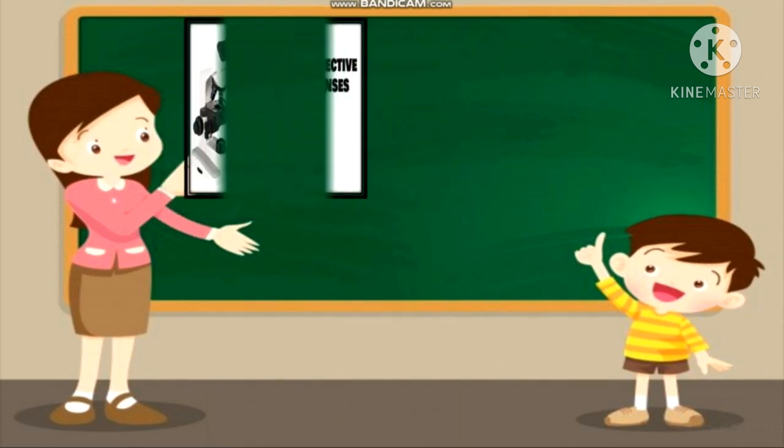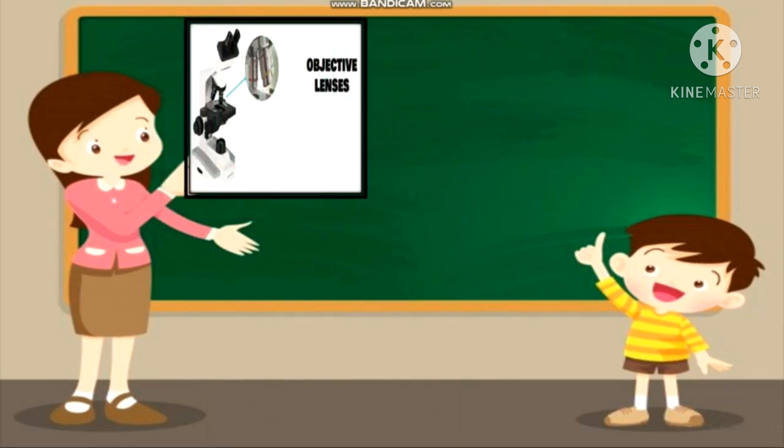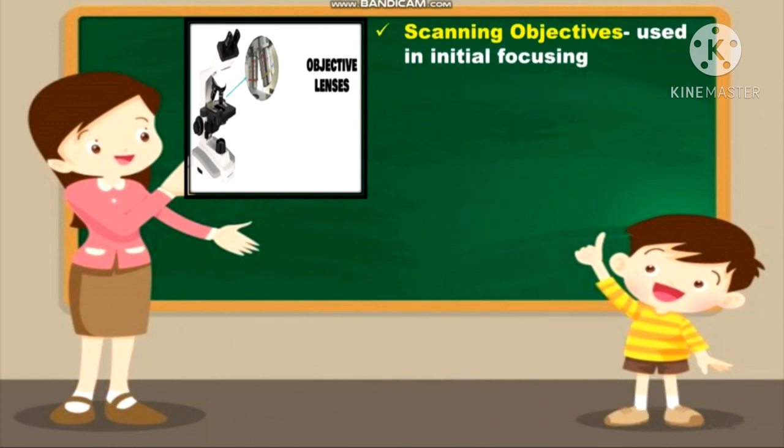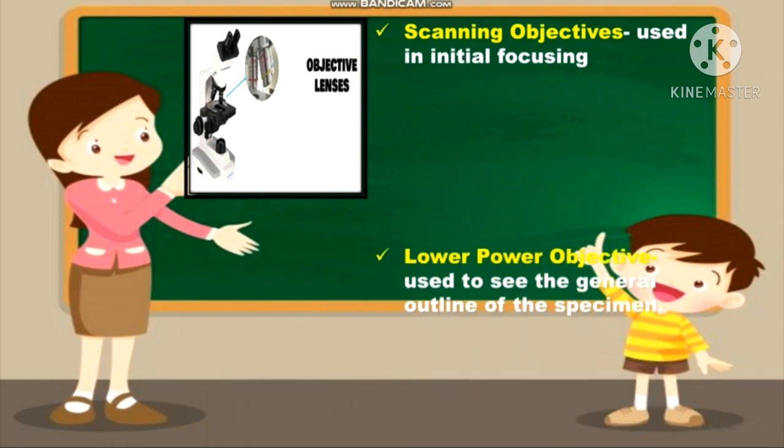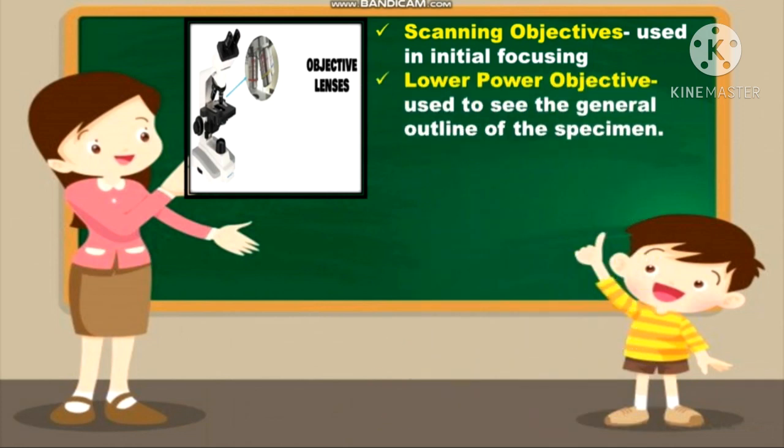The next one we have here, objective lenses. There are 4 different objective lenses, and these are the following. First one is the scanning objective, used in initial focusing. Second one, the lower power objective or the LPO.